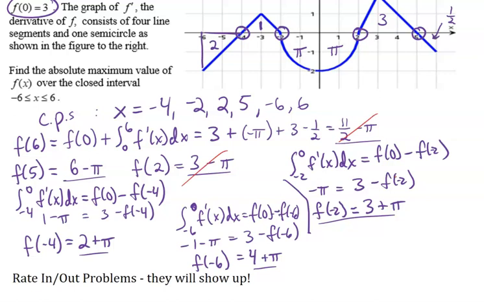Then 3 plus pi is bigger than 2 plus pi, and 4 plus pi is bigger than 3 plus pi. So now I'm comparing 6 minus pi and 4 plus pi. 6 minus pi is 6 minus 3 point something, which is going to be 2 point something. And then 4 plus pi is going to be 7 point something. So this is my maximum value. So the maximum value is 4 plus pi.